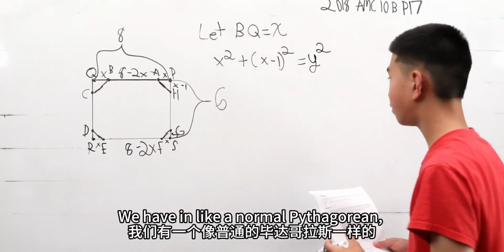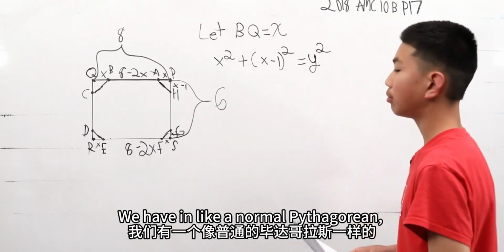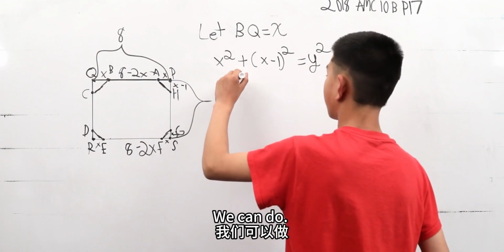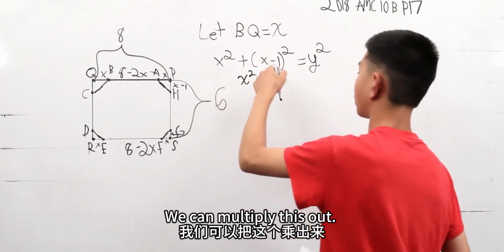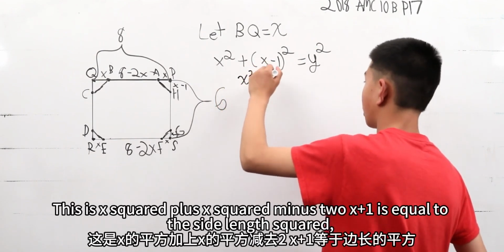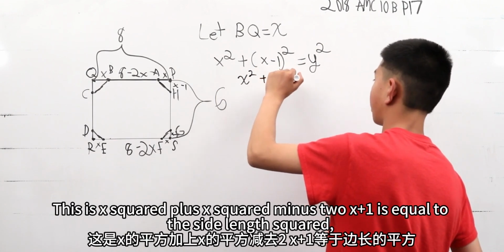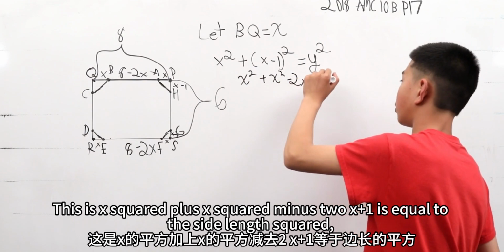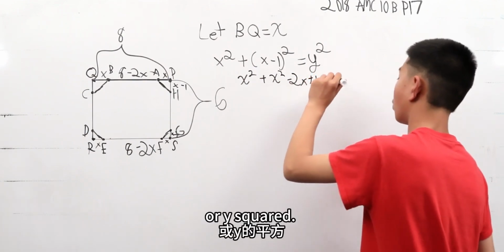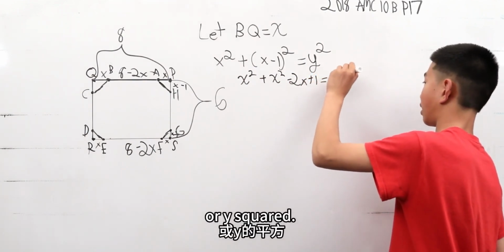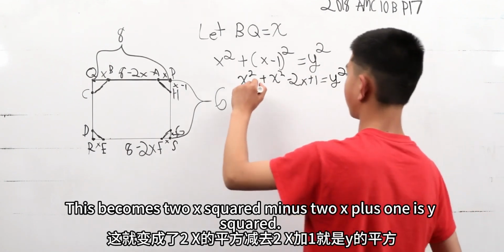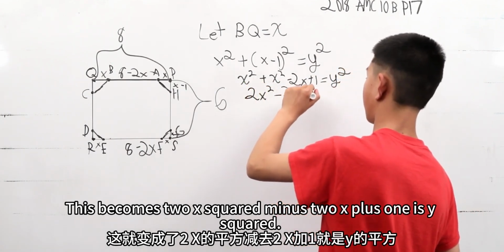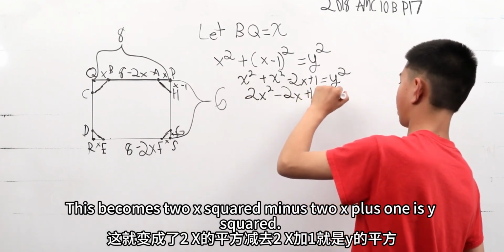In a normal Pythagorean outline, we can multiply this out. This is x squared plus x squared minus 2x plus 1 is equal to the side length squared, or y squared. This becomes 2x squared minus 2x plus 1 is y squared.